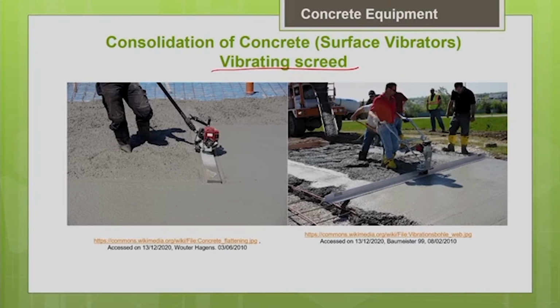That is the preliminary step of finishing concrete. You bring it to the right level, that is what screeding is. So you are doing screeding as well as consolidation together using this vibrating screed. This picture also shows the same thing: they are leveling the concrete, finishing the concrete, as well as doing the consolidation.